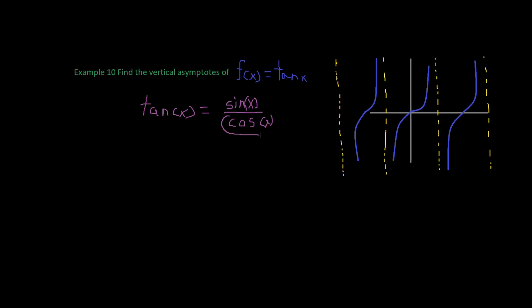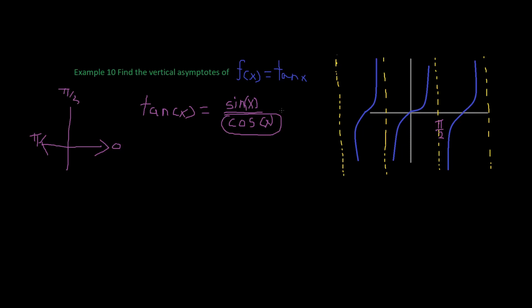So what number did I tell you guys to plug in your calculator? Pi and a half. So what happens when x is pi and a half, if you take trigonometry? Cosine of pi and a half is 0. We know that when x is pi and a half, cosine is 0, because cosine of 0 would be 1, but since it's pi and a half, it's 0.